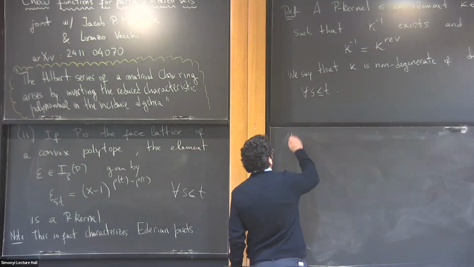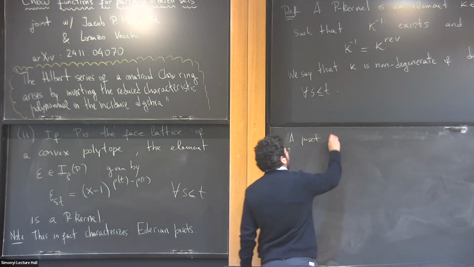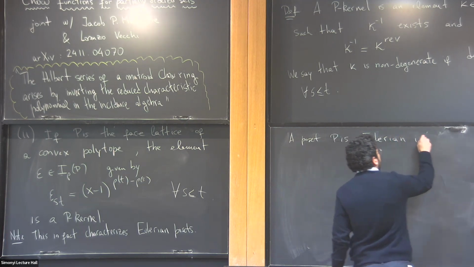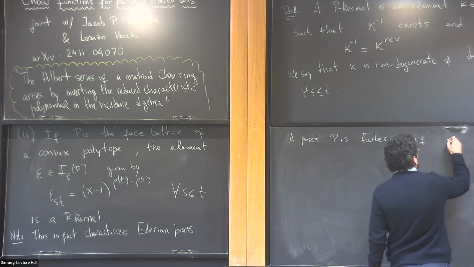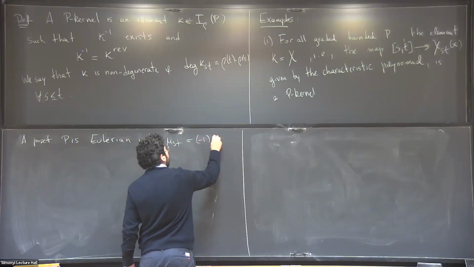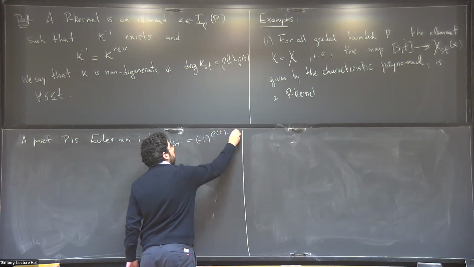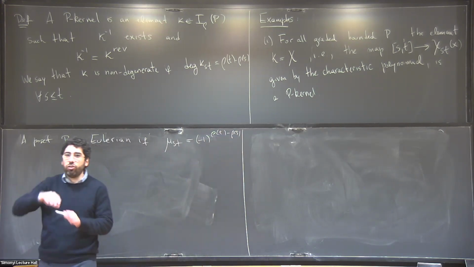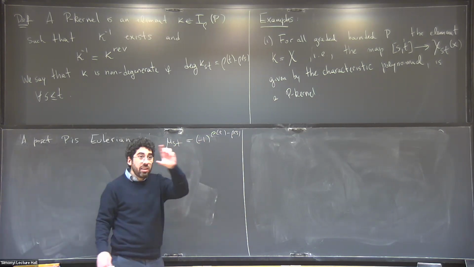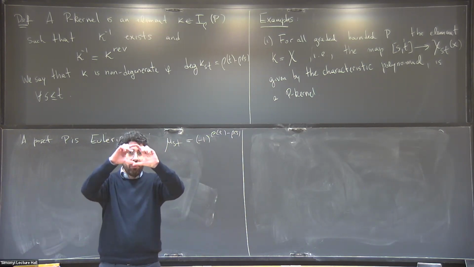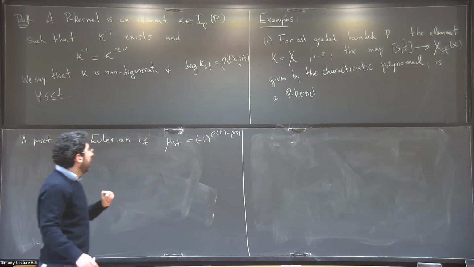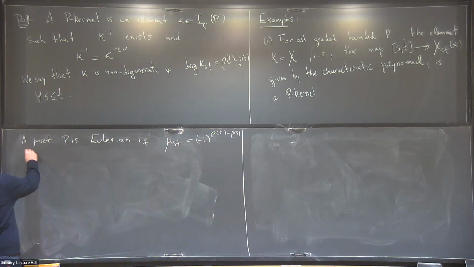A poset P is Eulerian if mu(s,t), the Mobius function, is always (-1) to the rho of t minus rho of s. So essentially, this is saying, if you have some imagination, that every interval of the poset has the same number of elements in odd rank and even rank, for all s, t.